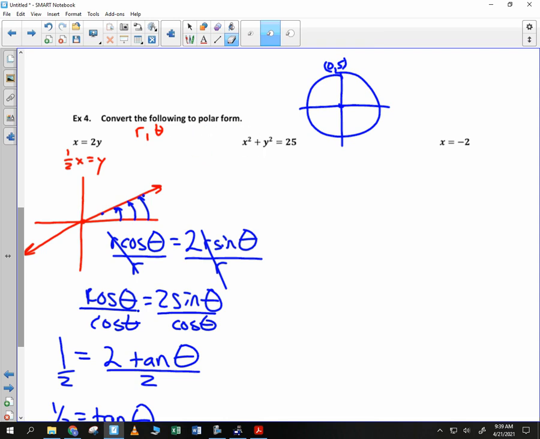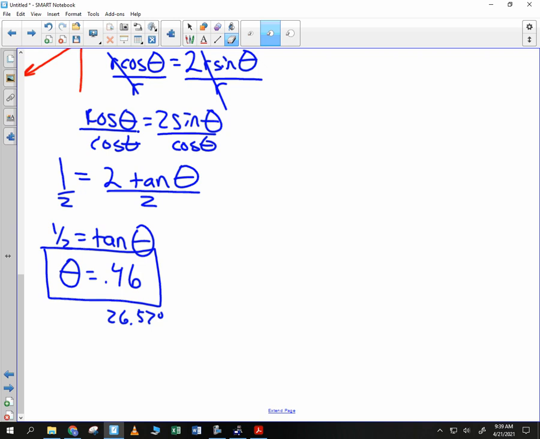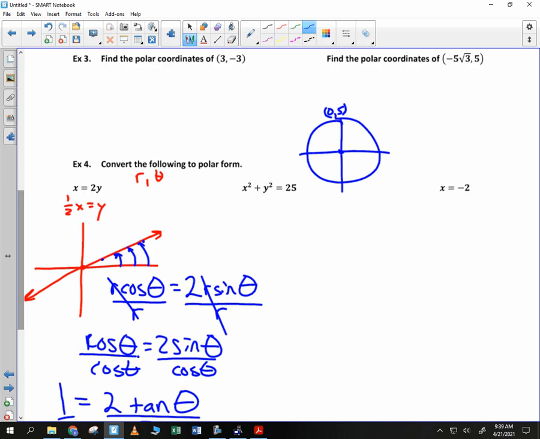We saw r disappear on that one. Theta is equal to 0.46. Now, let's think about this. True or false? The radius stays the same. So what's the radius here? 5.